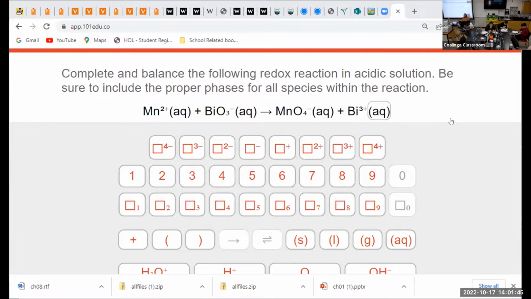It says complete and balance the redox reaction in an acidic solution. Be sure to include the proper phase of all species within the reaction. Write it all down.